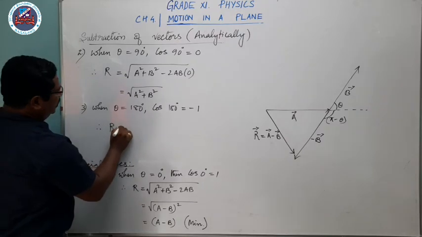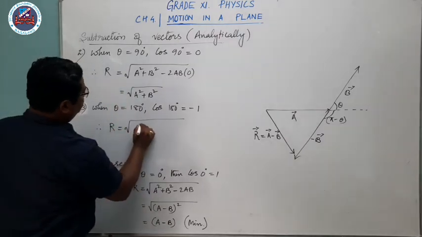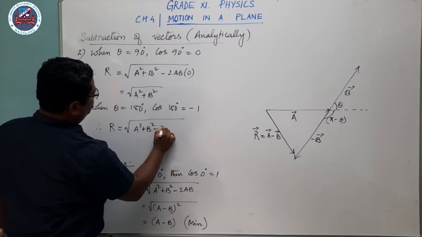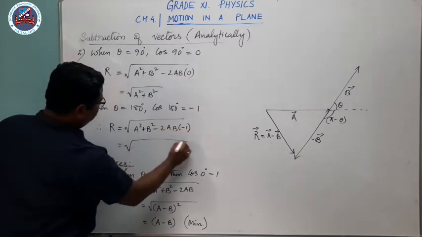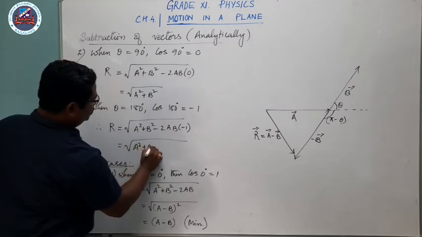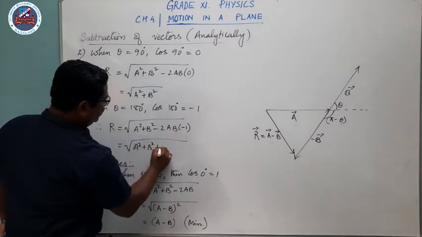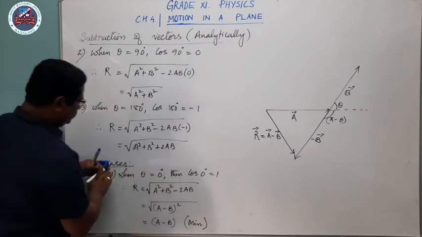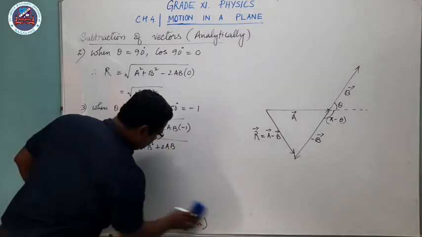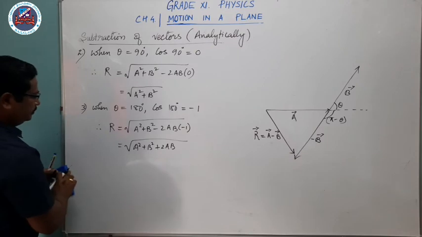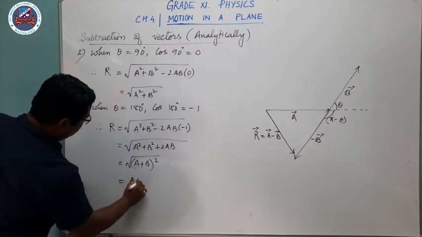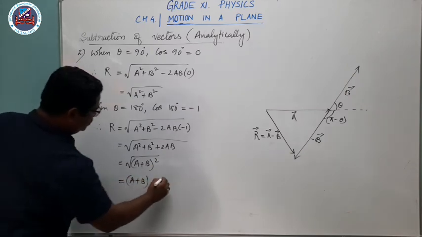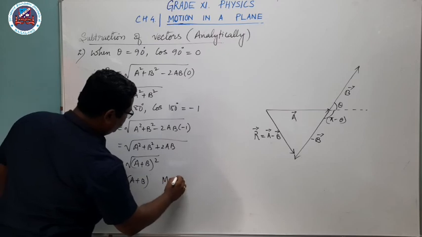Therefore, the resultant R will be A square plus B square minus 2AB into minus 1. Minus into minus will be plus 2AB, so you get root over A plus B whole square, which becomes A plus B. So you will get the maximum value.